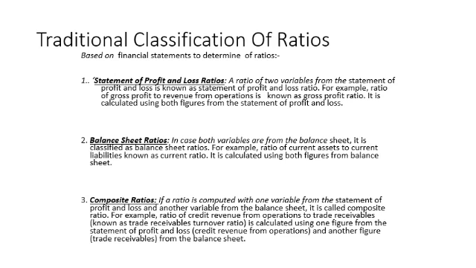So that's why these are called the statement of profit and loss ratios. For example, gross profit to revenue from operations: both data are related to the profit and loss account. So that's why the gross profit ratio is called a statement of profit and loss ratio.